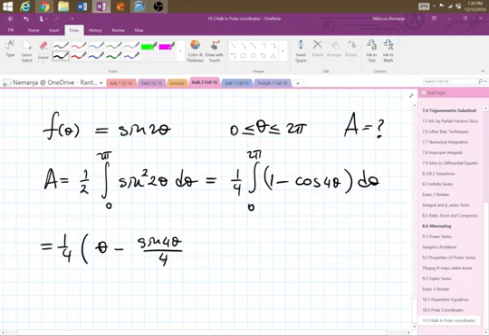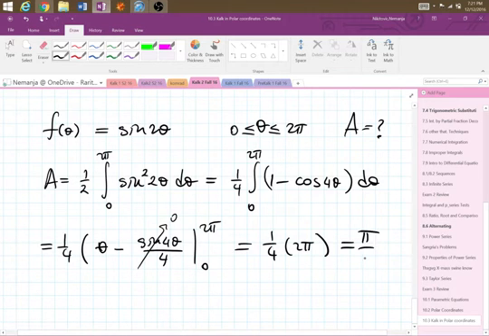This is when you get your over 4. This is going to die in both cases because at each pi or at 0, sine is always 0. So all that's left is 1/4 times 2 pi, which is pi over 2. I would say the answer is pi over 2.